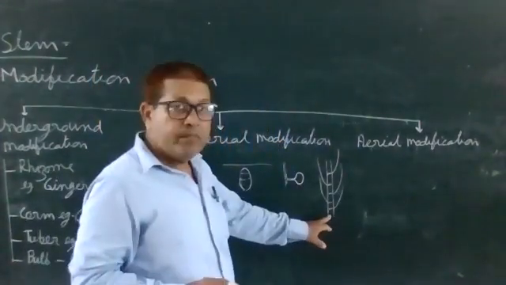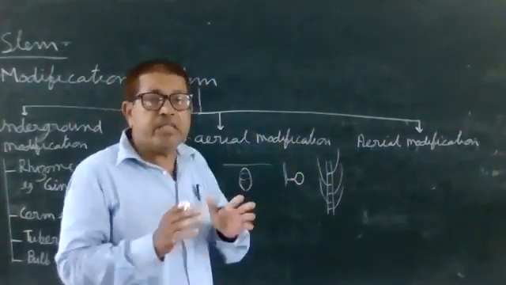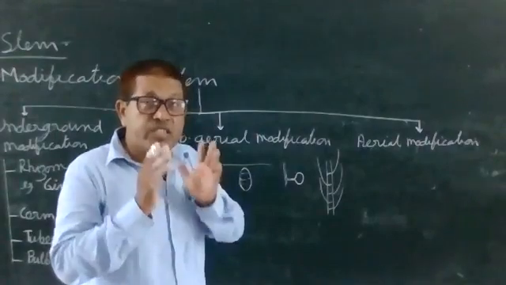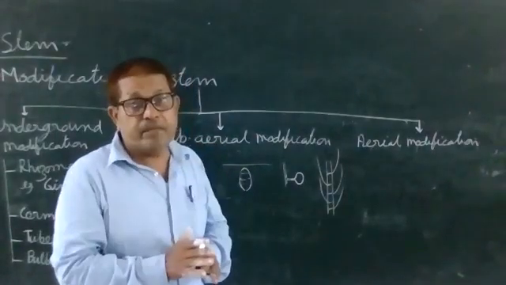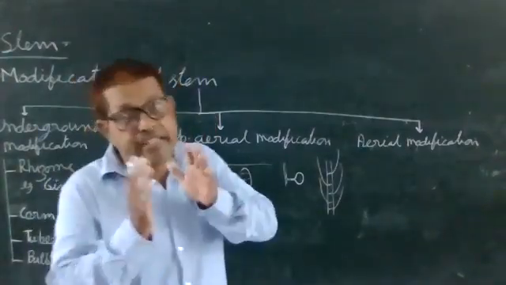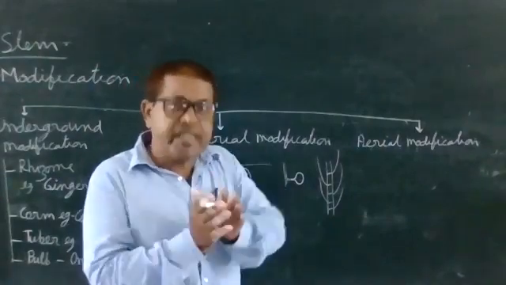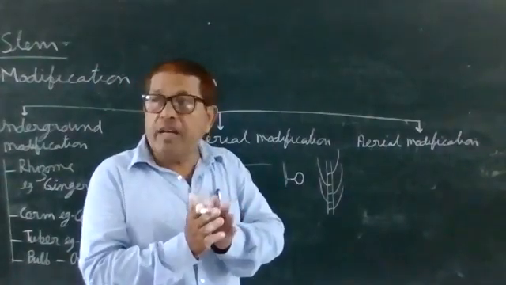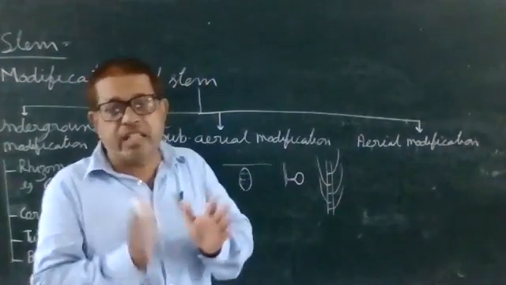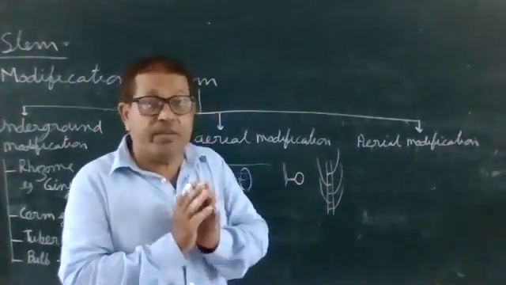This is stem. And this squared stem means stem is just like the disc. And it is formed due to the condensation of internodes. Internodes condense to form a disc-like structure, and such stem is called as the squared stem.